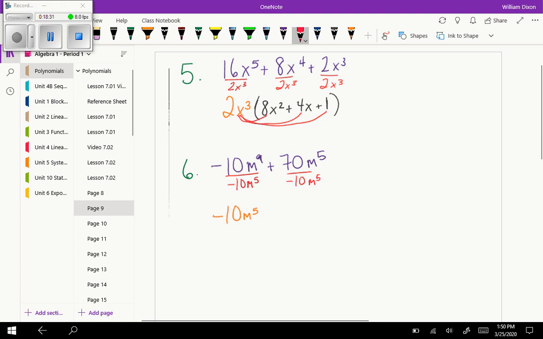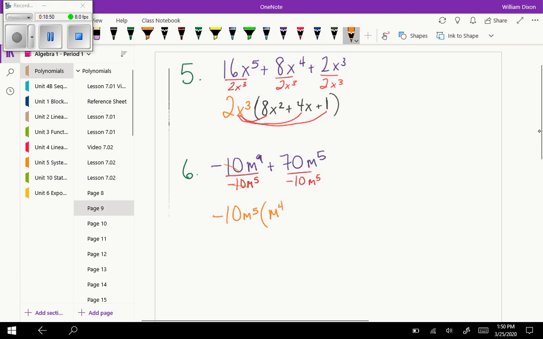So when I divide the first one, I know my 10s are going to cancel. That's 1. And then m to the 9th divided by m to the 5th is going to be m to the 4th.